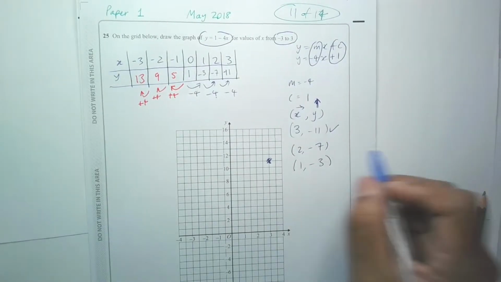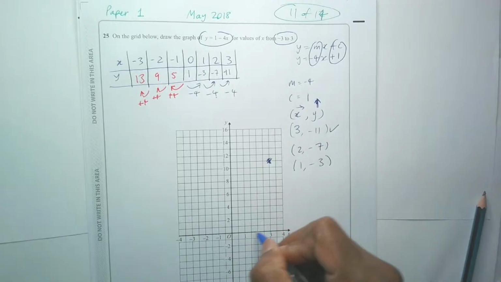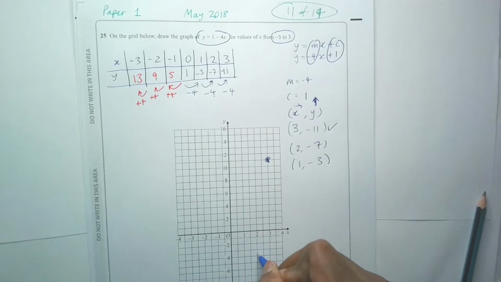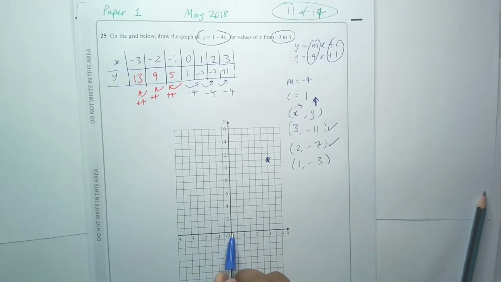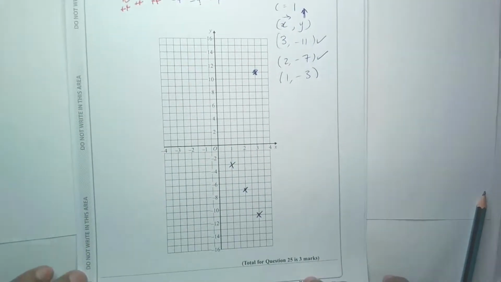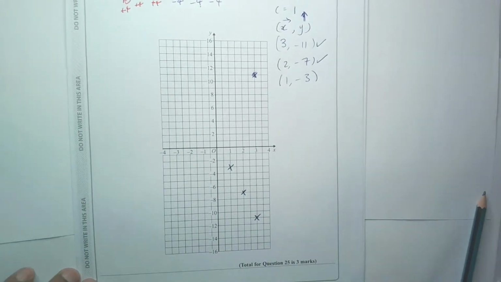So I've got that correct. Along the corridor 2, down the stairs 7, 2, 4, 6, 7. Take that off. And the last one, start from the center, along the corridor 1, down the stairs 3. And now I can join my line.